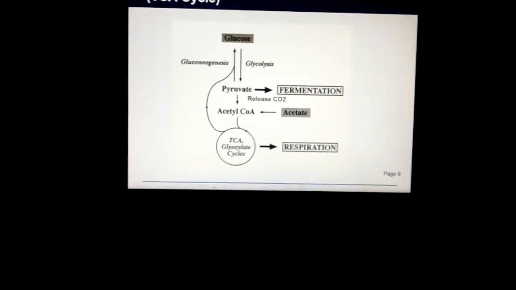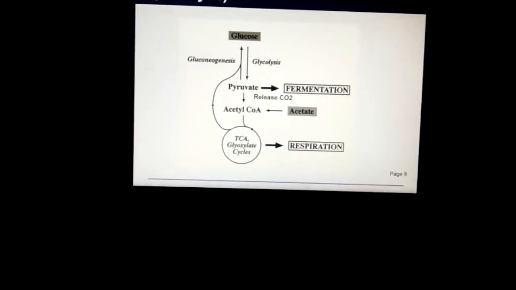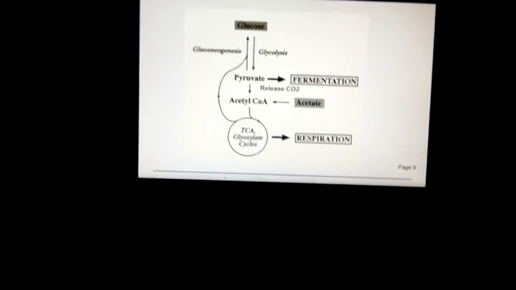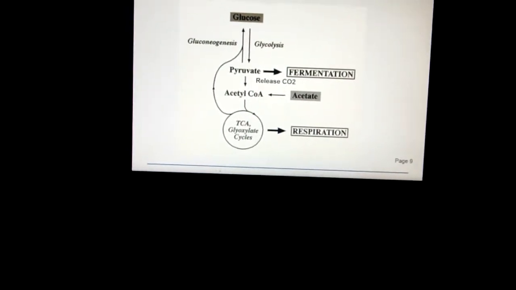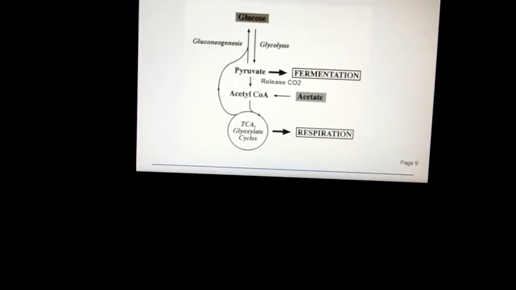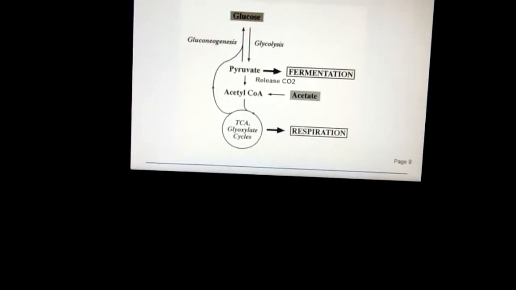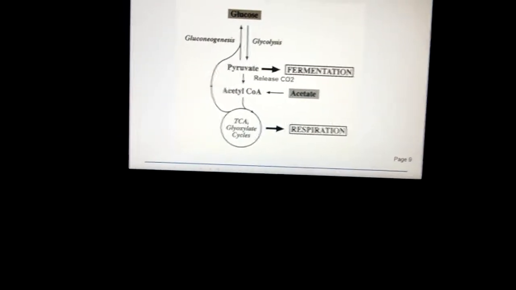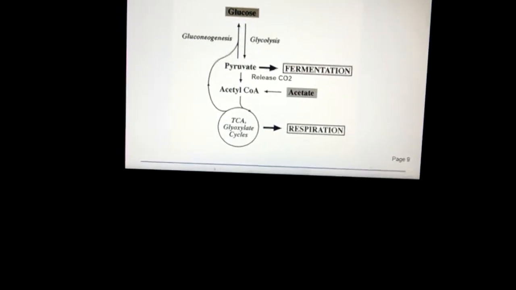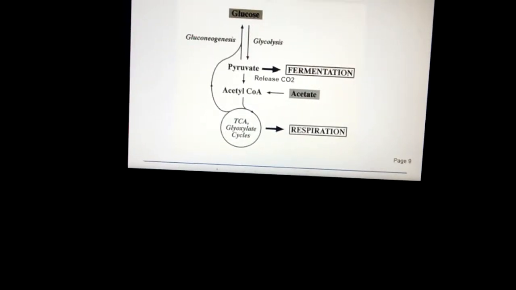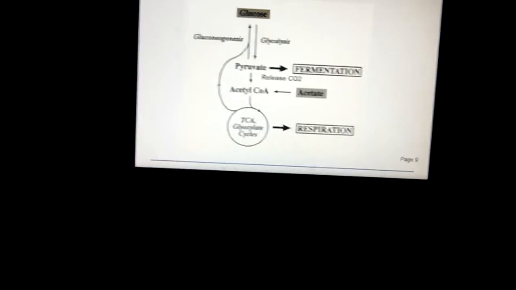Pyruvate is produced in the cytoplasm, and pyruvate will permeate through the membrane of the mitochondria into the mitochondria, and then once pyruvate is inside the mitochondria, it becomes acetyl-CoA, and during that conversion, again, carbon dioxide is produced and is released. Now acetyl-CoA is ready to enter the Krebs cycle.